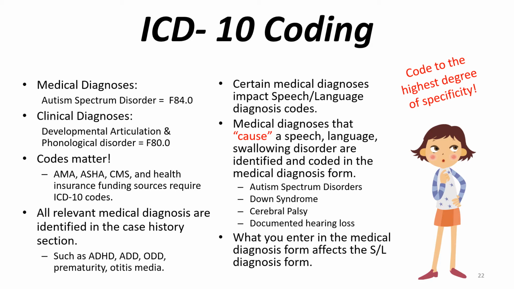A clinical diagnosis that other clinicians are usually familiar with is developmental articulation disorder, and its ICD-10 code is F80.0. You may very well recognize the name of both of these diagnoses, but you may not be too familiar with their codes. In ACE, you will become more knowledgeable about the diagnosis codes for your patients.